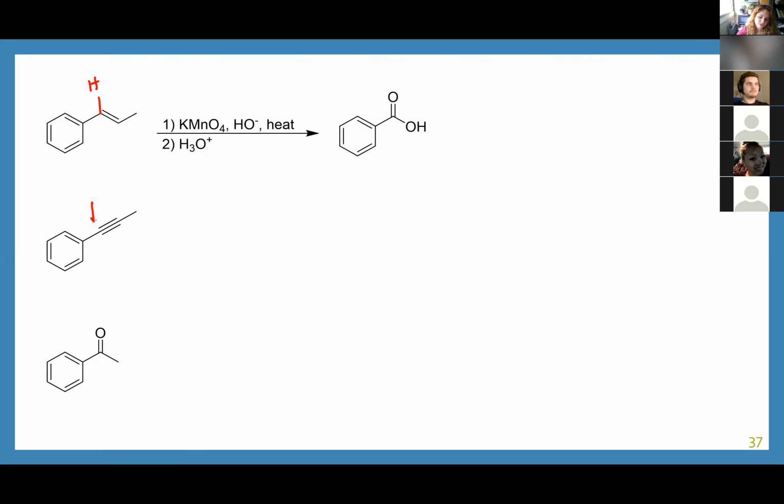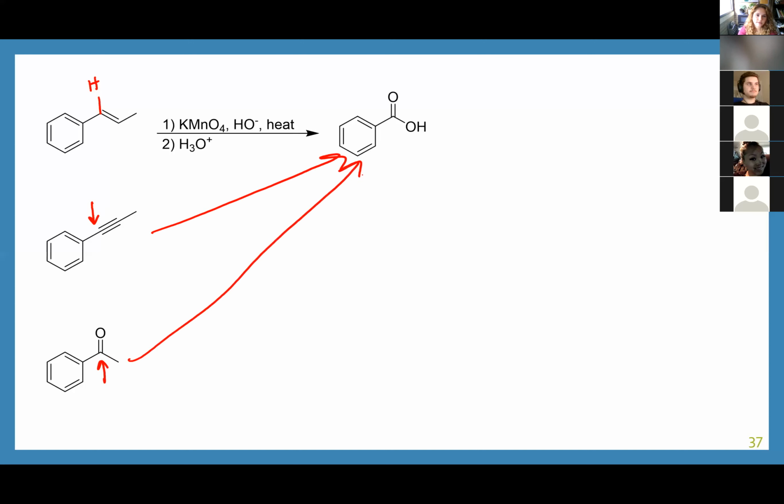So is there a hydrogen here? No, doesn't matter. We have a double, or we have a triple bond. We have some pi bonds there. It's going to go through the cleavage process. Is there a hydrogen here? No, doesn't matter though.